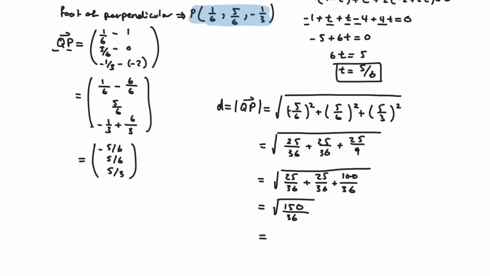And we'll end up getting root of 150 over root of 36. This can be simplified. I'll write it like this first, root 150 over root 36.